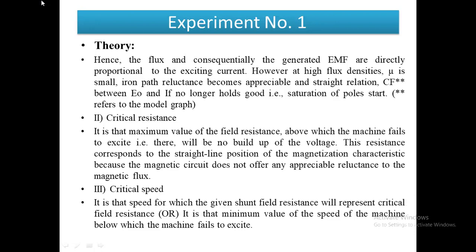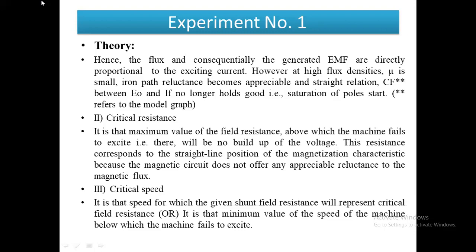Okay. See, after that we are able to find out the critical resistance. Critical resistance is nothing but the resistance at which the induced EMF is at a constant value. So this is the critical resistance. It is the maximum value of field resistance above which the machine fails to excite.